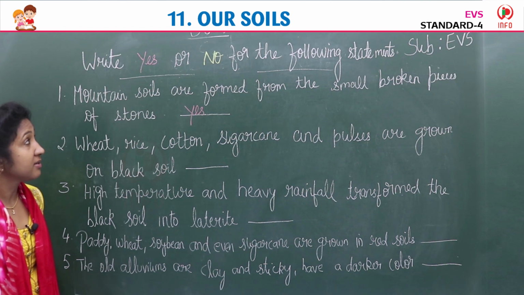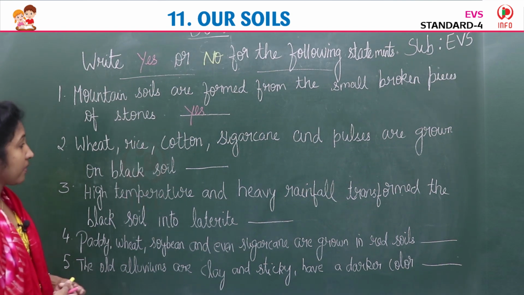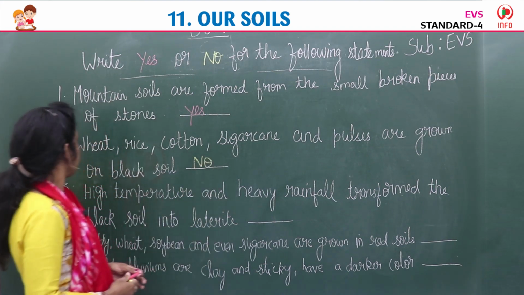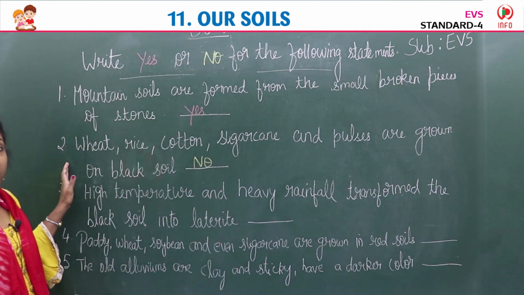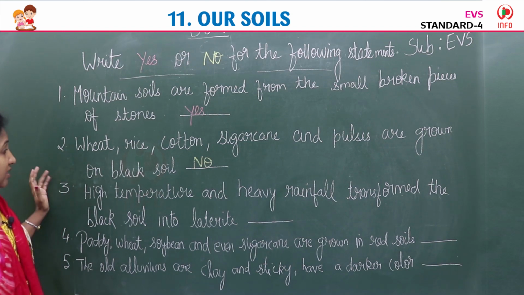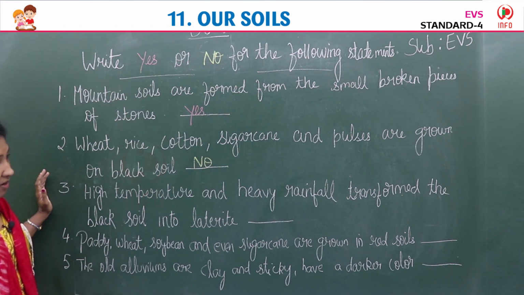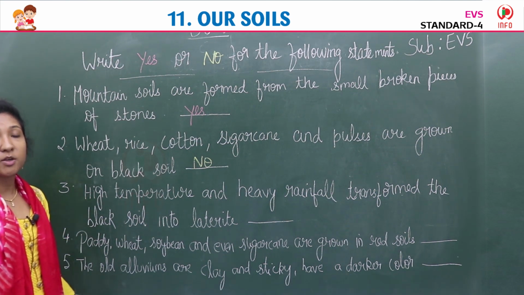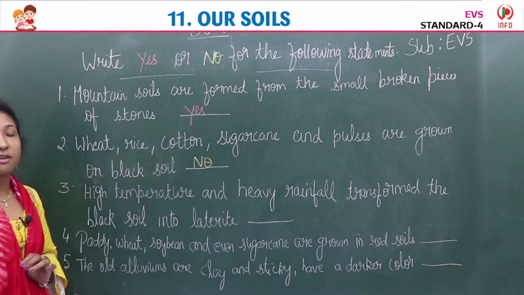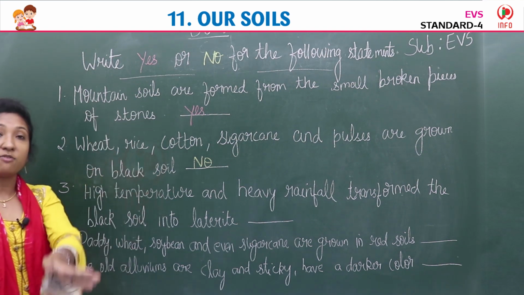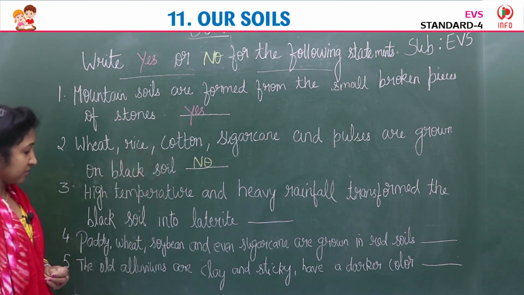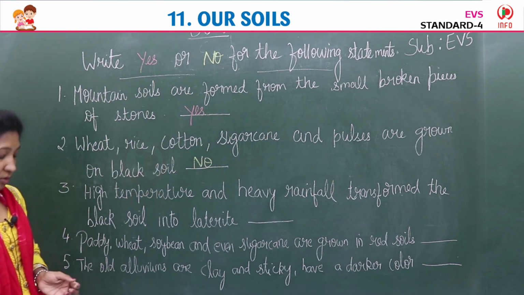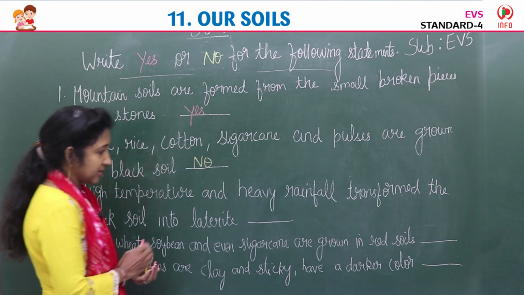So the answer is no. Next, third statement: high temperature and heavy rainfall transformed the black soil into laterite. Because of high temperature and heavy rainfall, black soil converts to laterite soil. The statement is right. So the answer is yes.